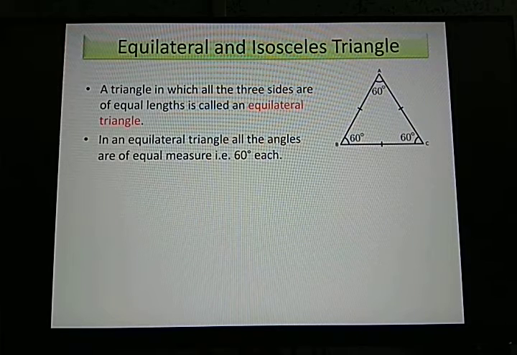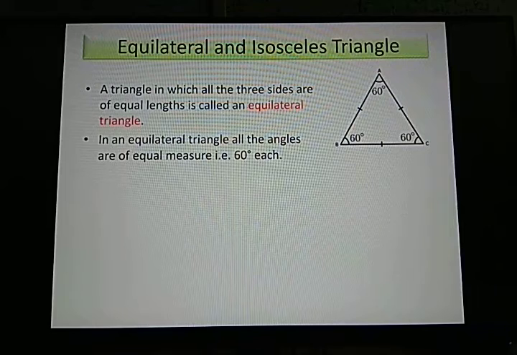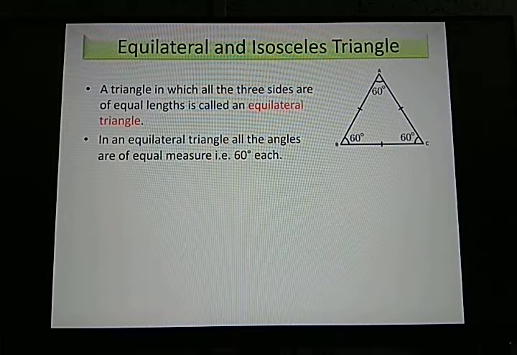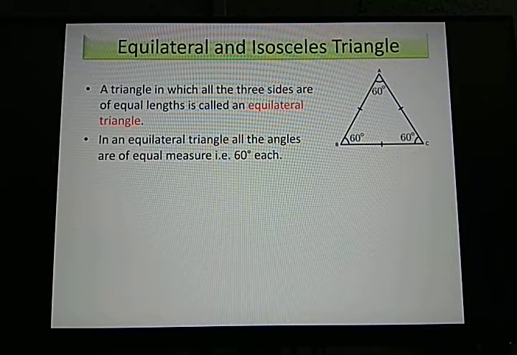Now we know from the angle sum property of a triangle that the sum of the three angles of any triangle is 180 degrees. If we divide 180 degrees into three equal parts, then how much do we get? Yes, the answer is correct. We get 60 degrees each. That means in an equilateral triangle, each of the angles has a measurement of 60 degrees.